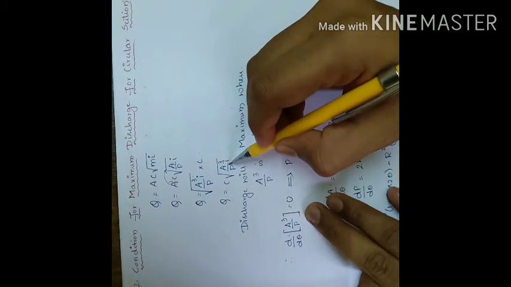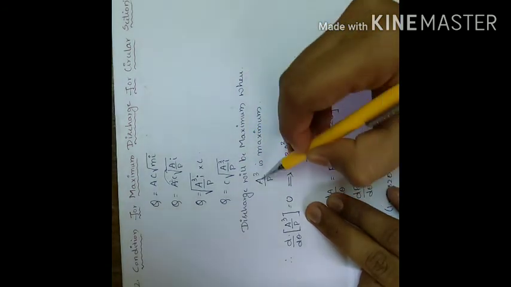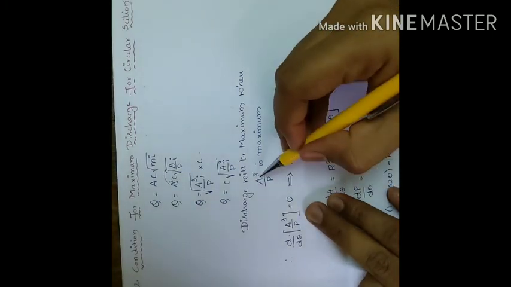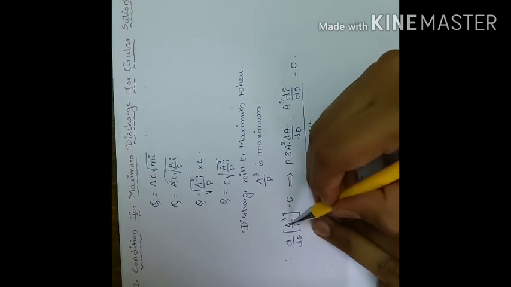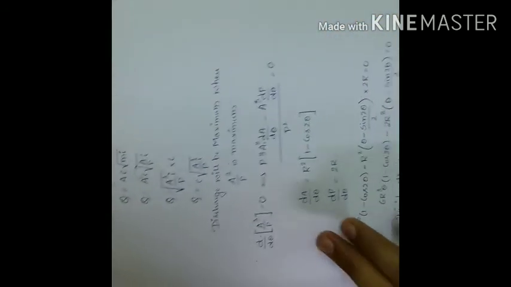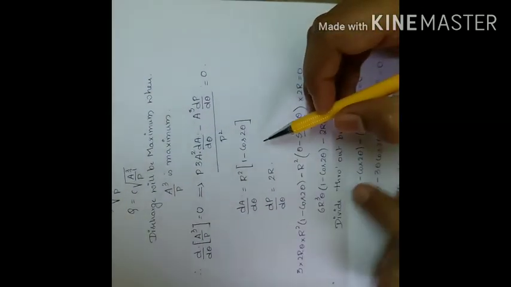Keeping this formula as the discharge formula, discharge will be maximum when A cube by P is maximum. So this is the condition that will be given. Taking this condition, I need to differentiate again: d of A cube by P with respect to theta is equal to 0. The same method will be followed as in the previous section.